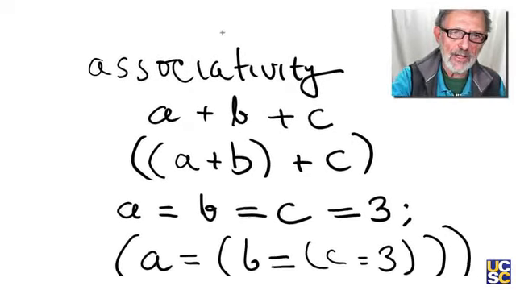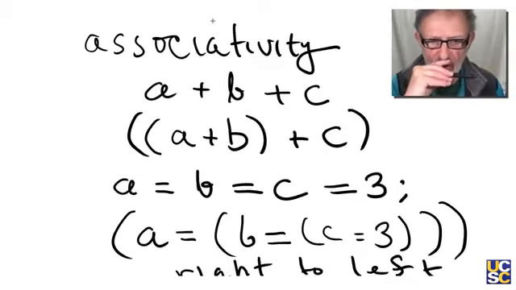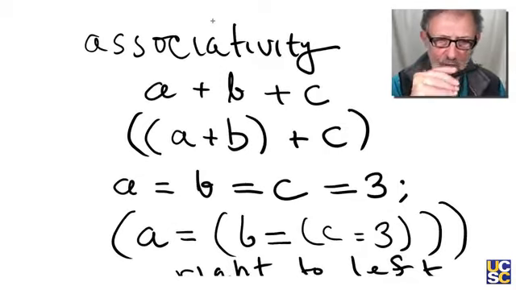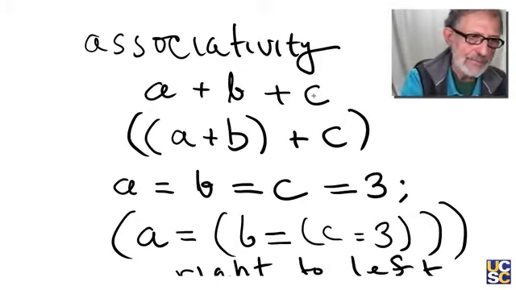The other thing you need to know about is associativity. How do the operators associate? When you have a plus b plus c, this has two operators. Which goes first? Do you apply b plus c first and then a? Or do you do a plus b first and then c?